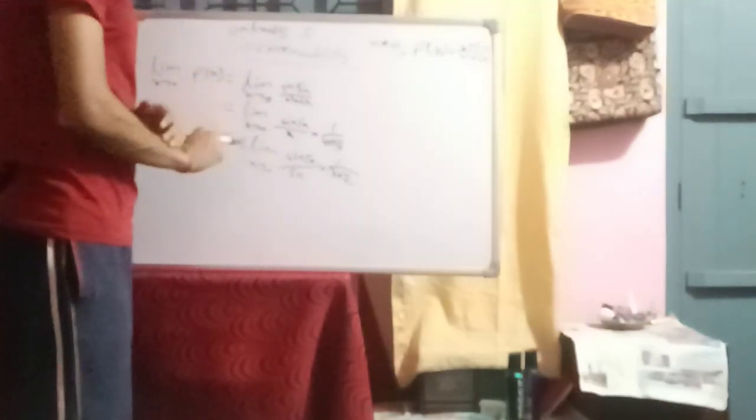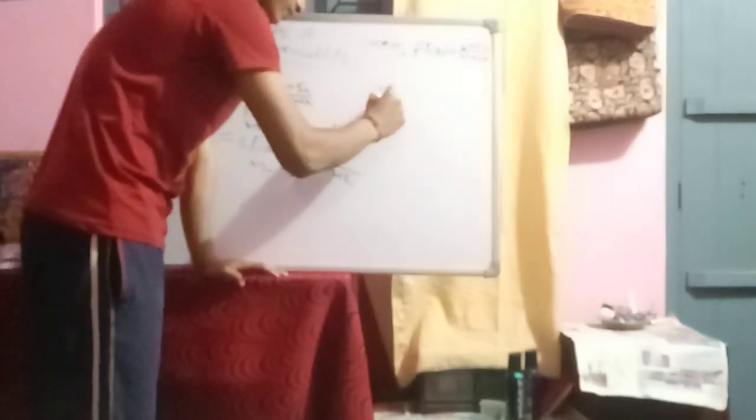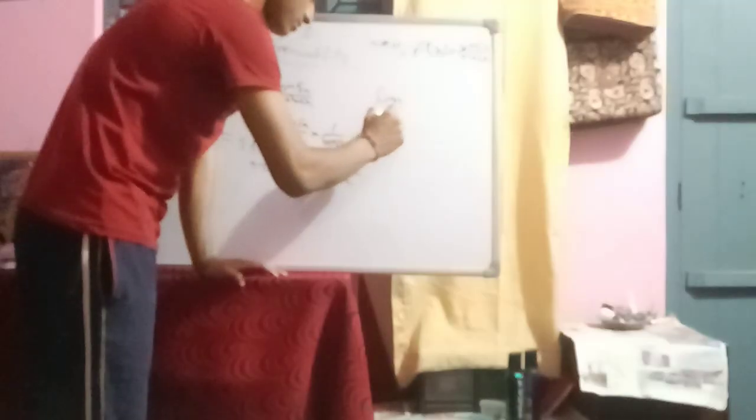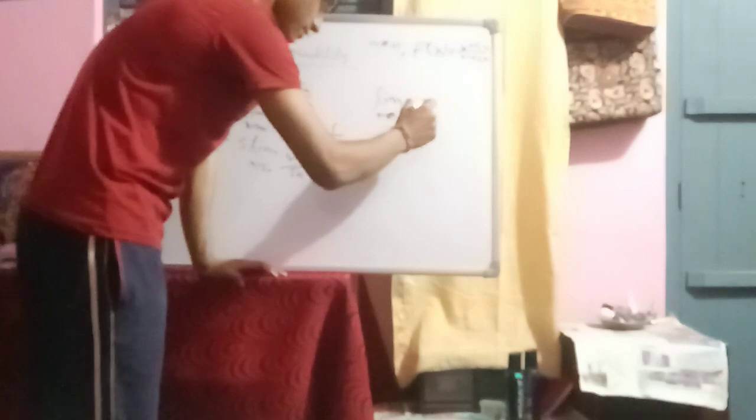If you are wondering what just happened here, multiplying these two would give us sine 5x over x times x plus 2. x times x plus 2 becomes x square plus 2x, which is the same thing as this. And why multiply by 5 here? Because I wanted something that looks like the limit as s approaches 0 of sine of s over s, when I know that s becomes 0.